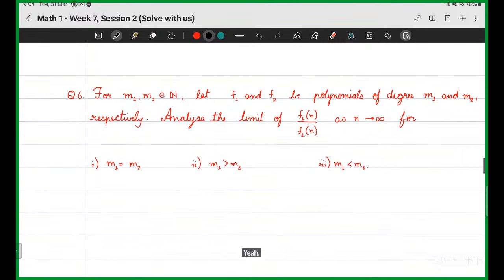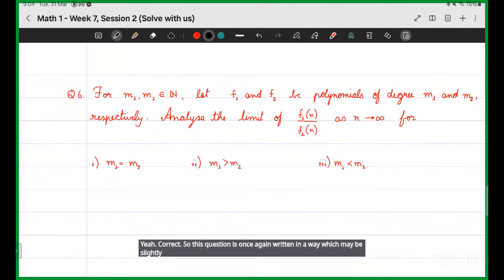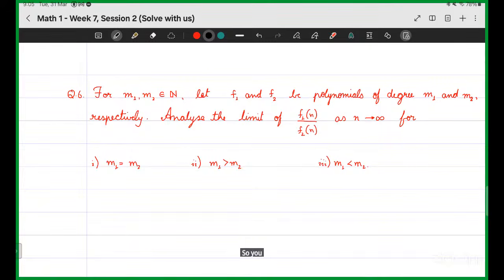All right. So this question is once again written in a way which may be slightly difficult to read on the first reading, but just take a look at it. You have two polynomials, one of degree m1 and one of degree m2. And we are taking the ratio of f1 of n by f2 of n.